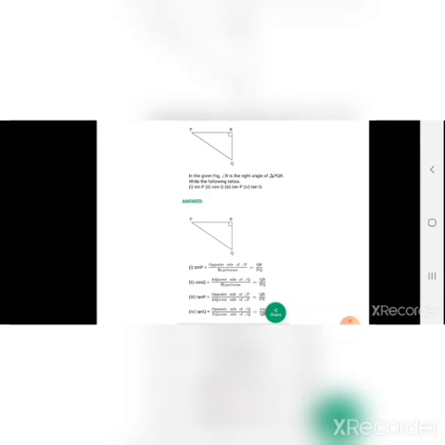The last one, tan Q. Again we are coming back to Q. Opposite side of Q is PR, adjacent side of Q is QR. Tan ratio, opposite side of angle Q upon adjacent side of angle Q will be PR upon QR.